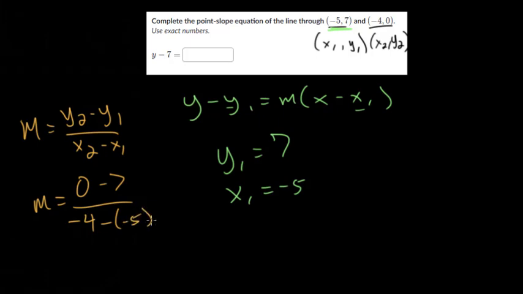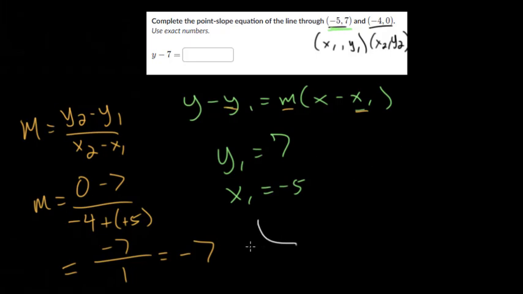So again, be careful with your signs. You are subtracting a negative number here. And subtracting a negative is the same as adding. And so in the denominator, minus 4 plus 5 would just be 1. And 0 minus 7 would be minus 7. So our slope here is just negative 7. And so now we know all the different values we need to find, so we can plug them all in.